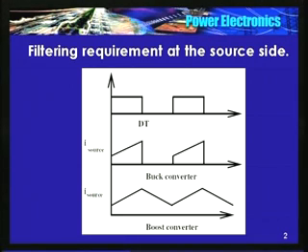So if I select an inductor such that this current ripple is very small, I can say that the source side is approximately a current source.